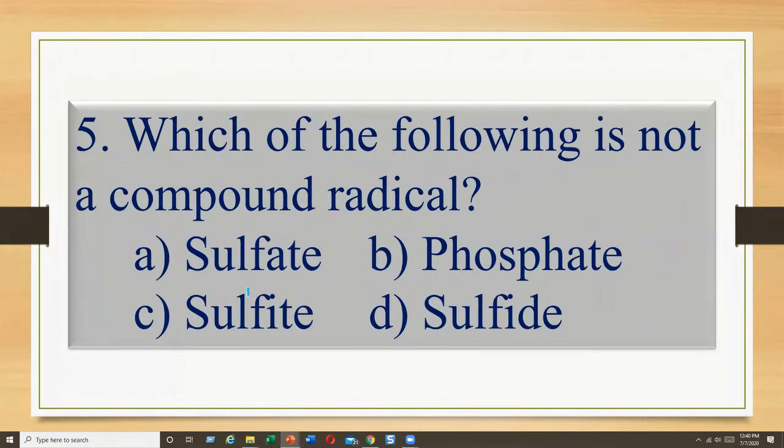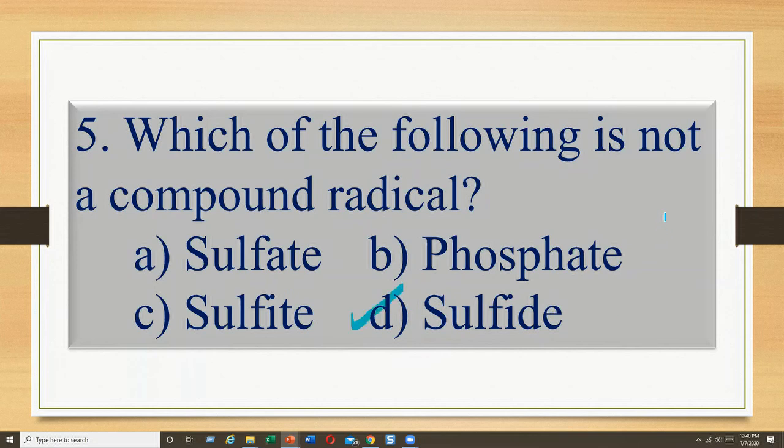Which of the following is not a compound radical? A compound radical contains more than one element, but here is a radical which is not a compound radical. Student: Sir, D. D is sulfide.